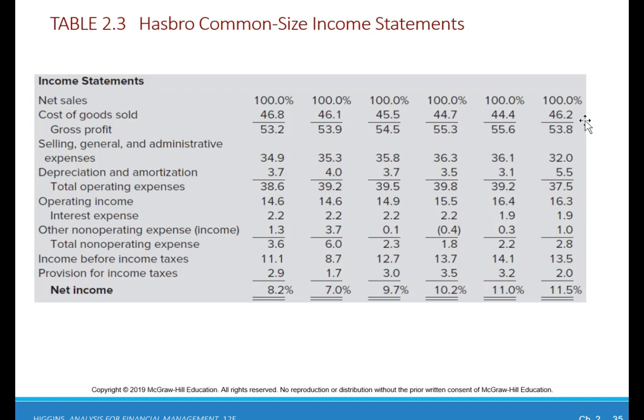We want to know, is that a good number or a bad number? If you were a manager of this company, what are some things you could do to fix this number if it was bad? That's what analysis is all about. This is a skill. It's something you get better at the more you do.